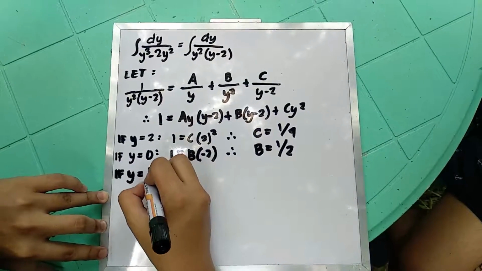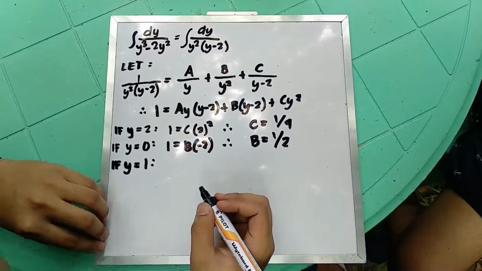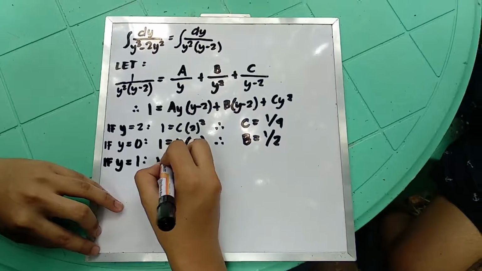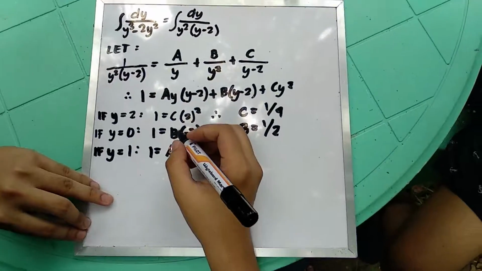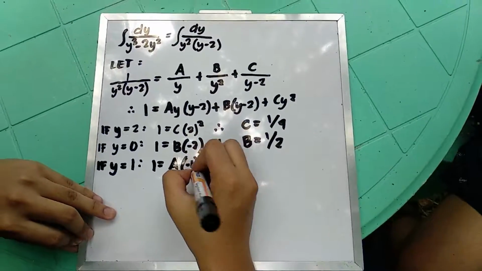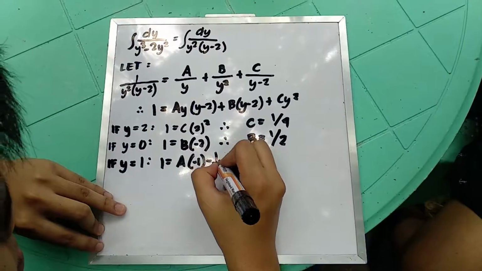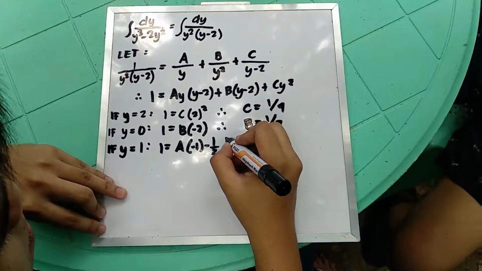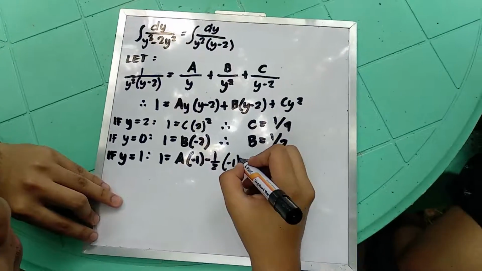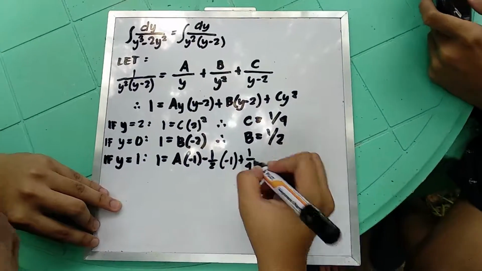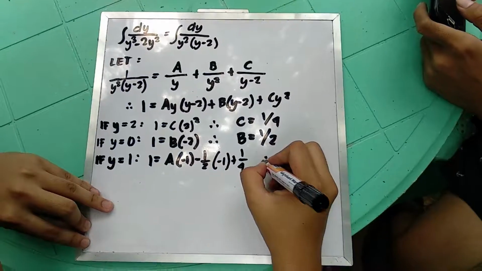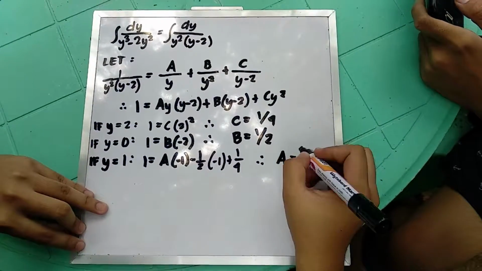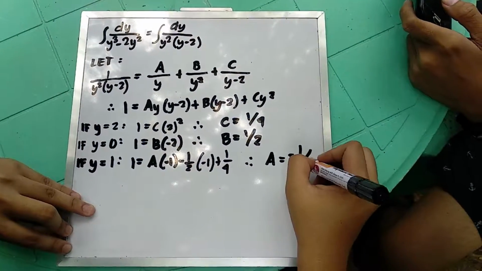If y is equal to 1, then 1 is equal to A times negative 1 minus 1 half times negative 1 plus 1/4. Therefore, A is equal to 1 half plus 1/4 minus 1, which equals negative 1/4.